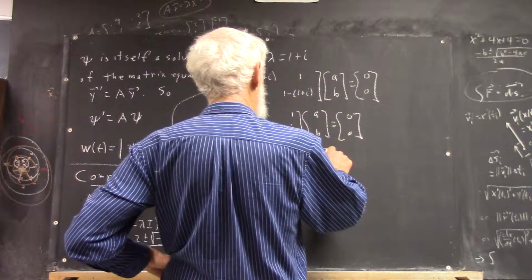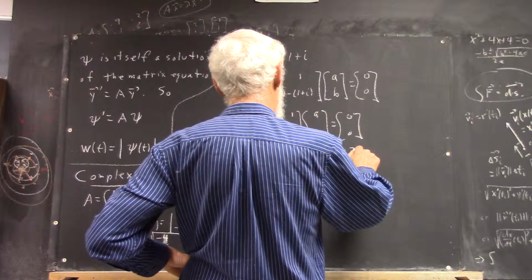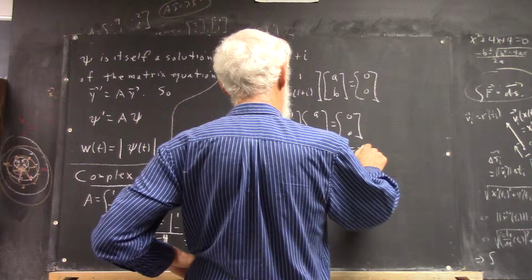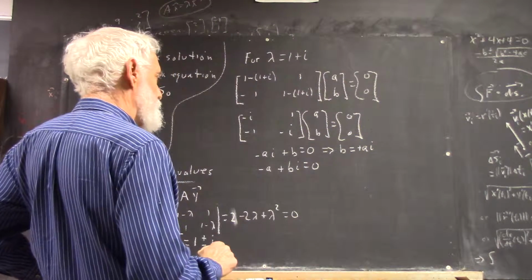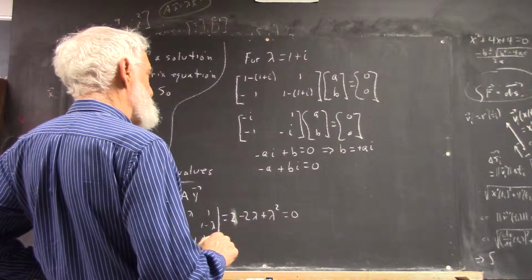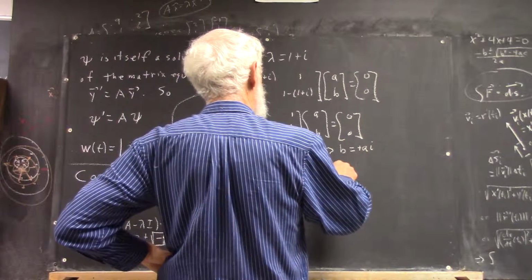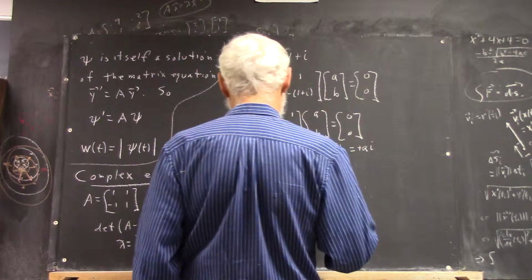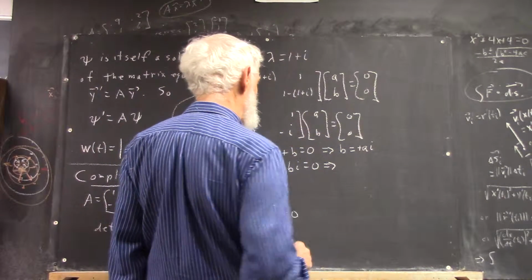You would have a minus bi for your second equation. Thank you. Okay. And this one implies, well, minus bi would equal minus a, right?